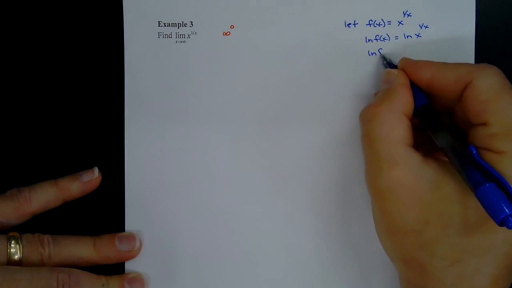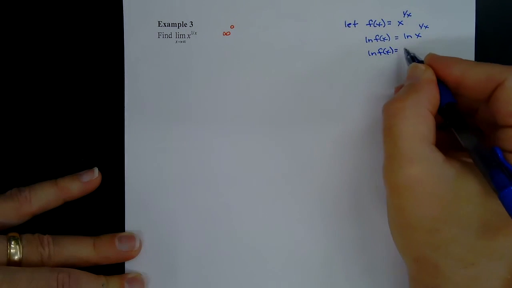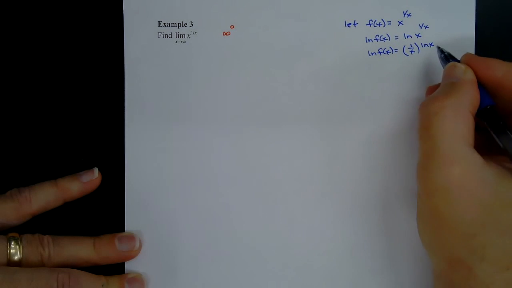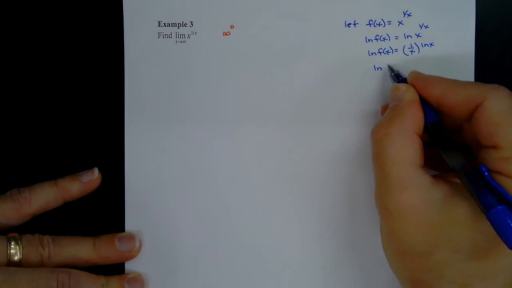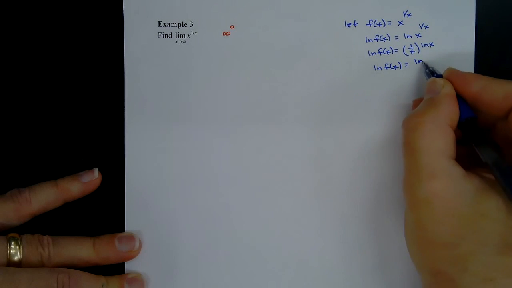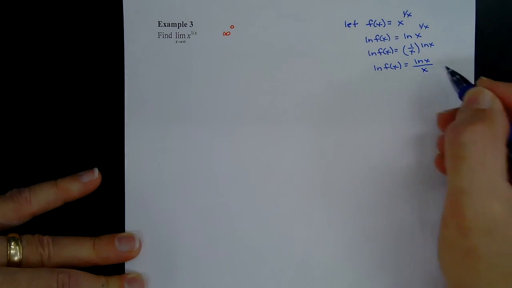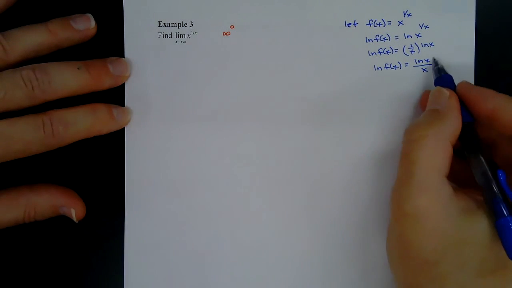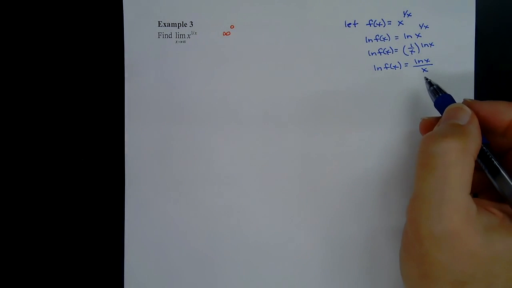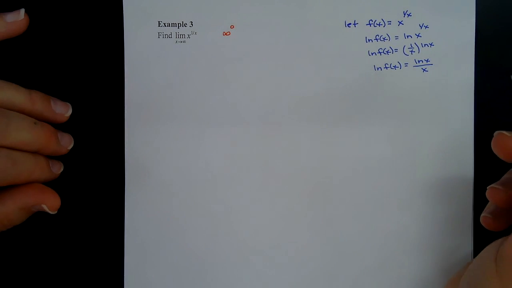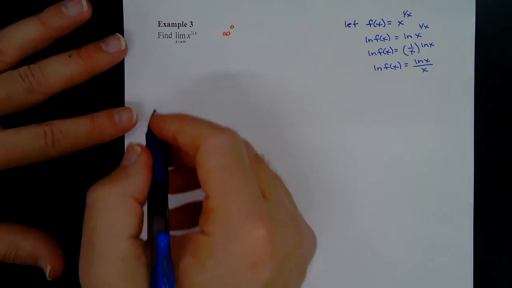So ln of f of x is equal to 1 over x times ln of x. And that means ln of f of x is equal to ln of x over x. See how it automatically becomes a quotient instead of a product. That's what was hard about the last one: this became a product, and then you had to make that product become a quotient.